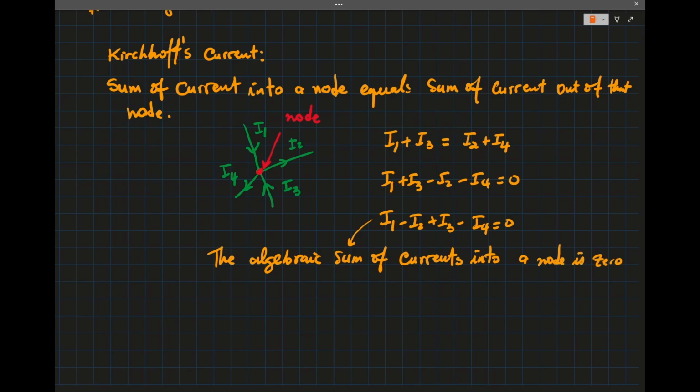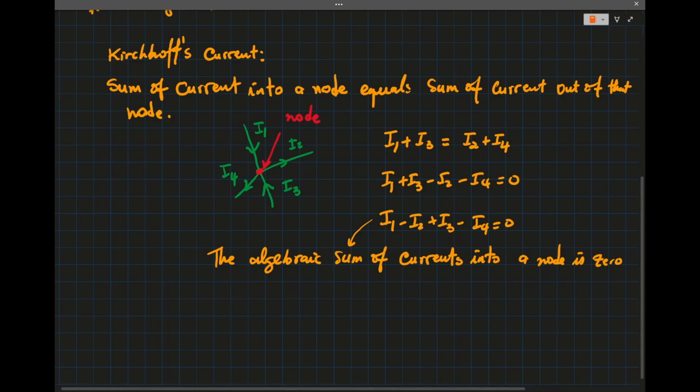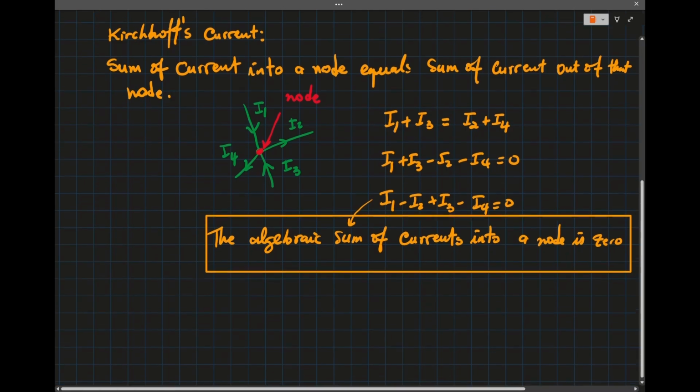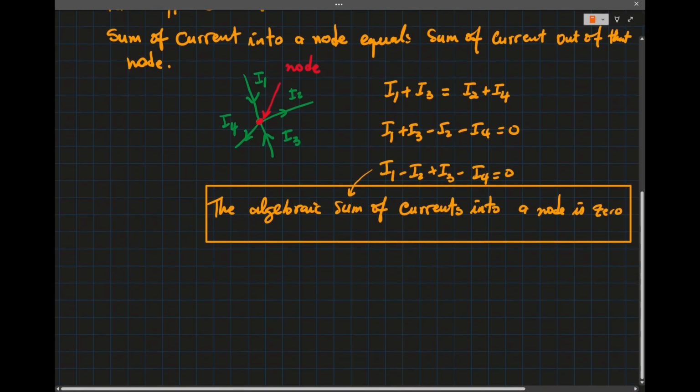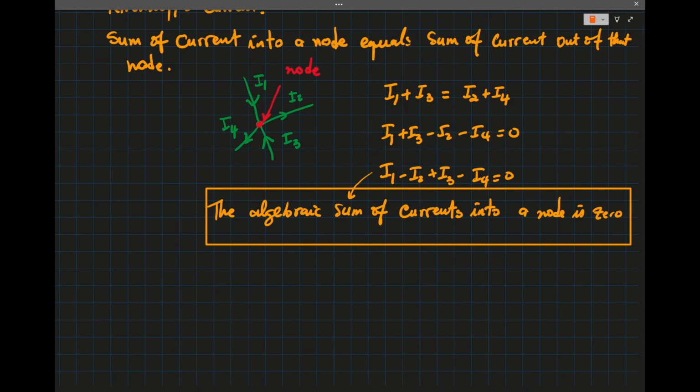So these definitions are equivalent. We say algebraic sum because of the signs that we have in here. So that was for KCL.